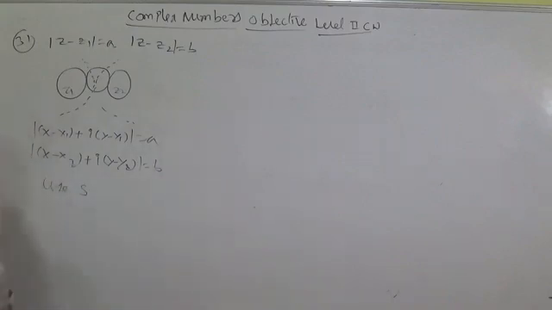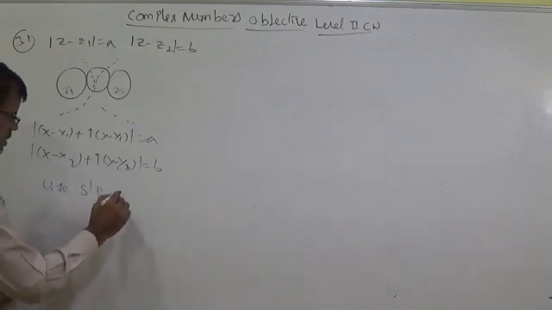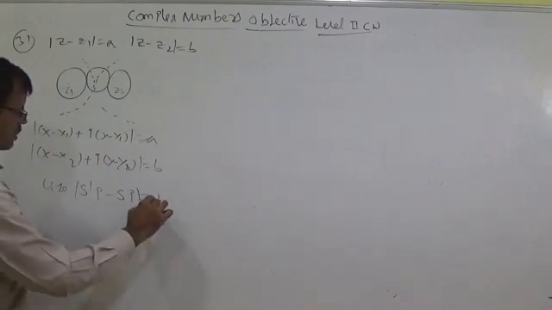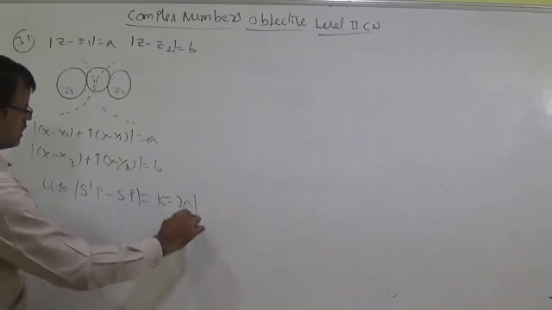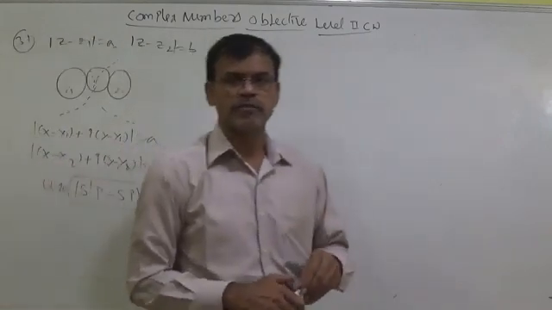Z1 is a fixed point and Z2 is another fixed point. The concept I am discussing with you is that S dash P minus SP is equal to 2A. This is the hyperbola concept.